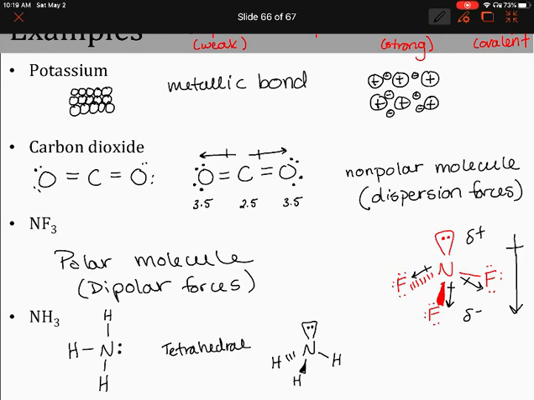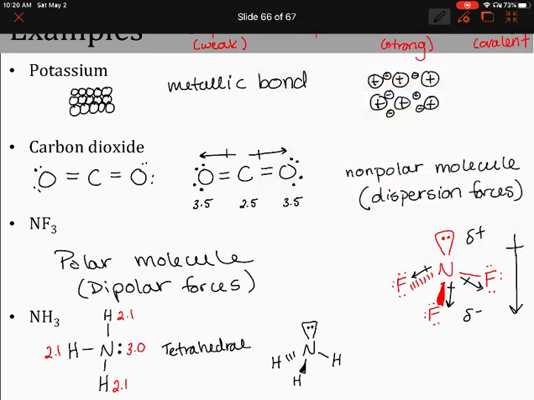So let's figure out the electronegativity values. Hydrogen has a value of 2.1, and nitrogen has a value of 3.0. So the difference between each hydrogen and nitrogen is 0.9, and that falls under the category of a polar bond.